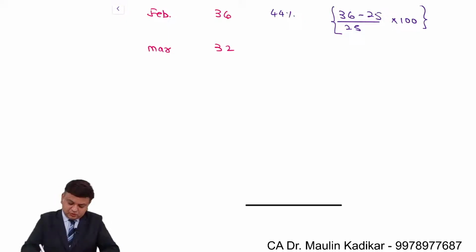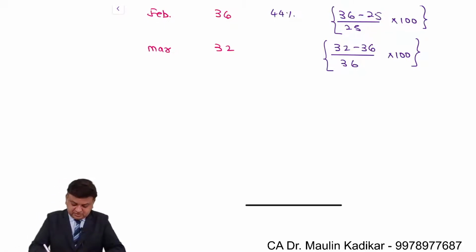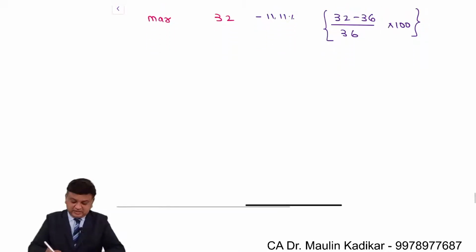So what will happen, dear students? 32 minus 36 upon 36 into 100. So 32 minus 36 is negative 4 upon 36 into 100, which is negative 11.11 percent. After March it is April.